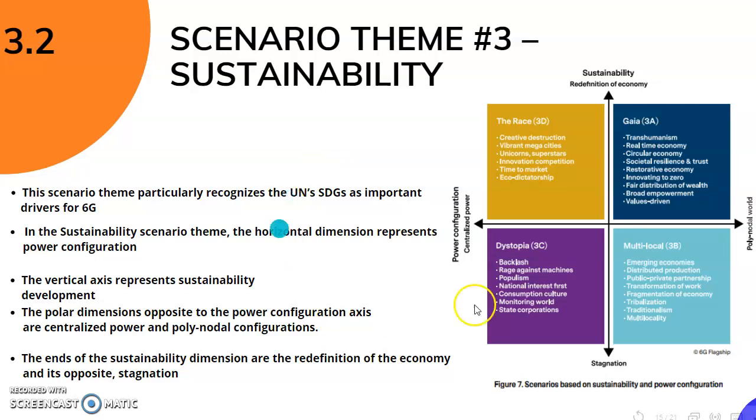Starting with the GAIA scenario. In the GAIA scenario, sustainability is driven by the redefinition of the economy, and the power configuration is polynodal world focused. Environmental awareness among people has increased and resulted in corresponding actions.